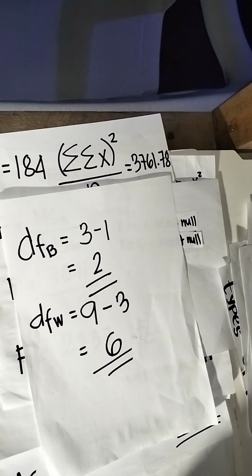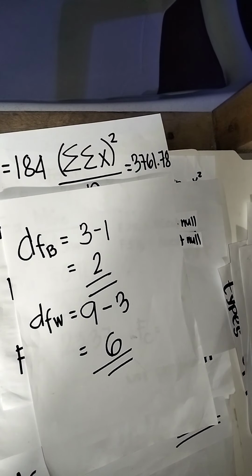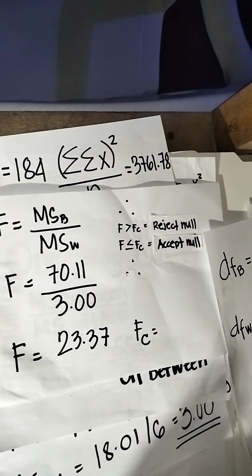Tapos, ang degree of freedom within, maunang sa ato a column. So, tanawa ang 6 sa column. So, now you have 2 and you have 6. Karon unsa man ang data na makuha nato kung mag-intersect na ang duwa. So, that is our critical value or our F critical value.